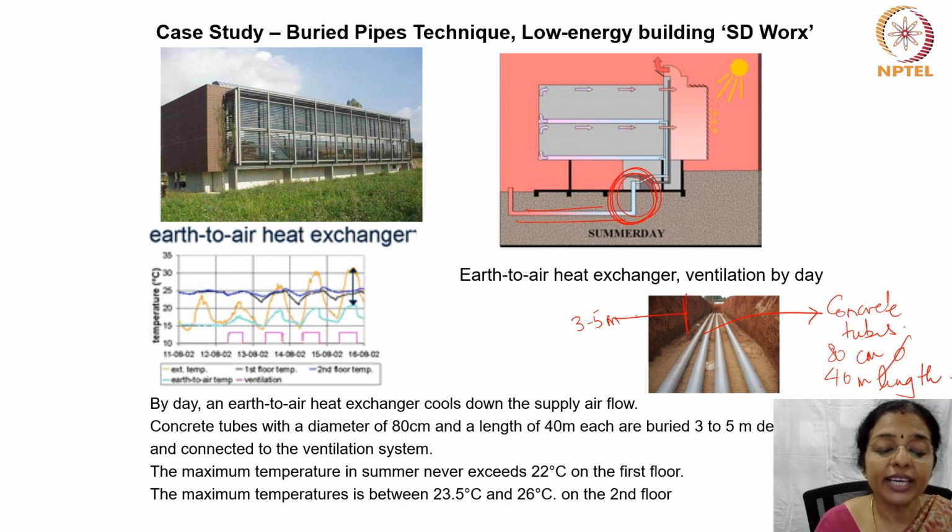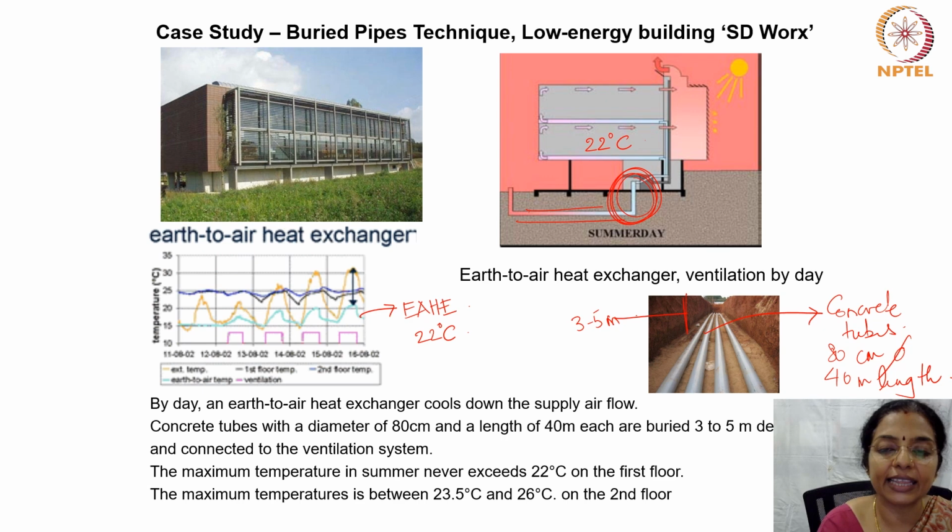Here it is seen that the maximum temperature in summer never exceeds 22 degrees centigrade. The earth to air heat exchanger temperature never exceeds 22 degrees centigrade on the first floor. Here on the first floor, the temperature is always around 22 degrees centigrade or less.